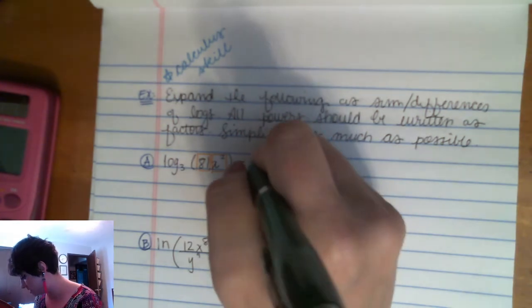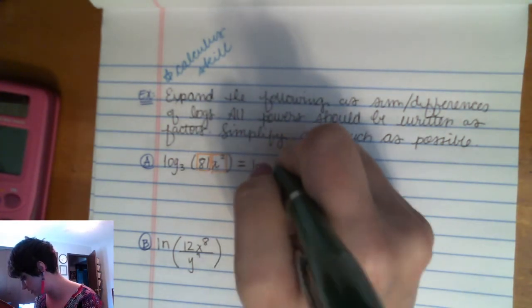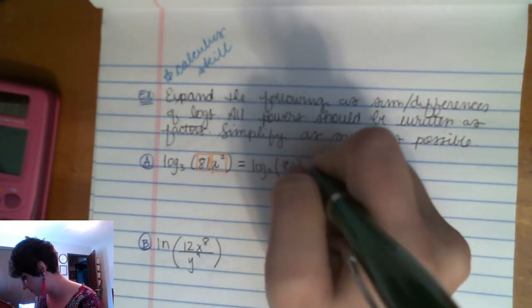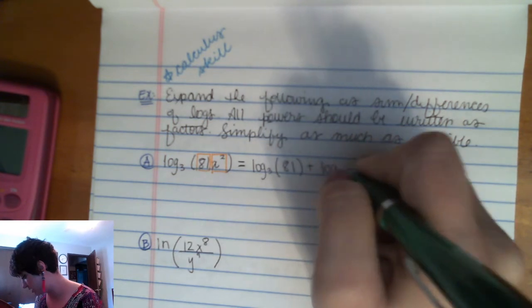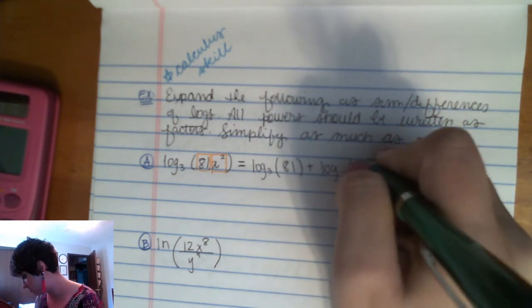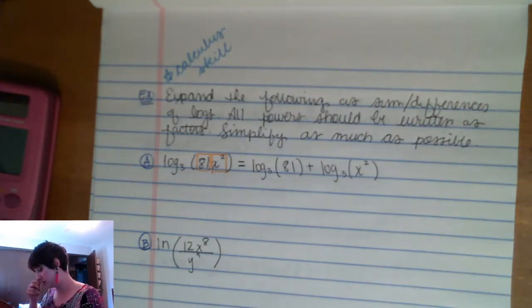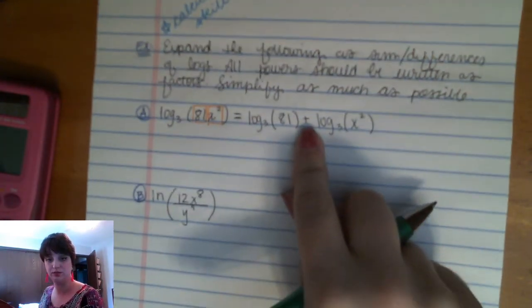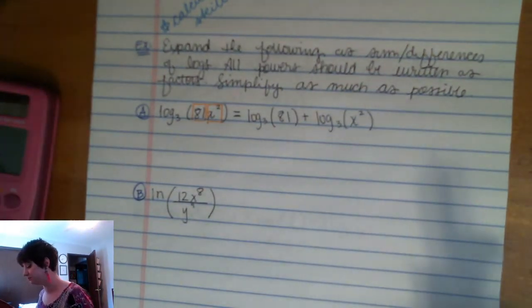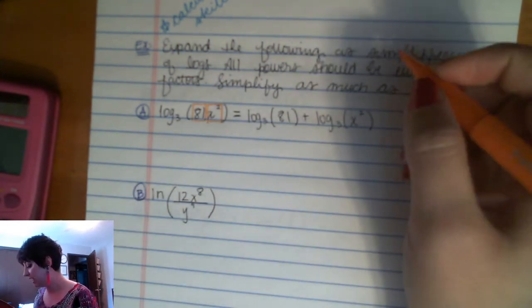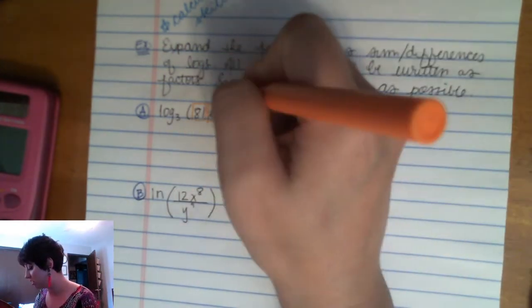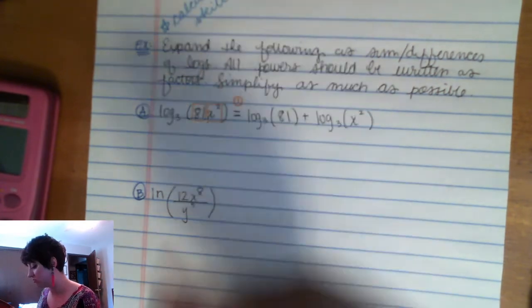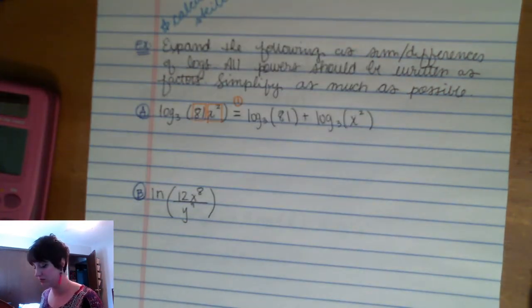So this is log base 3 of the first thing plus the second thing, not times. That's a really common mistake. Students will turn this into multiplication. Not the case. It's addition. And so this is rule 1. I'm actually going to write what rule we're using here.